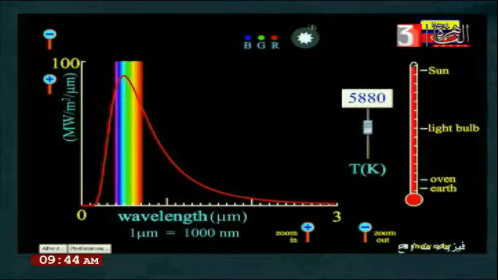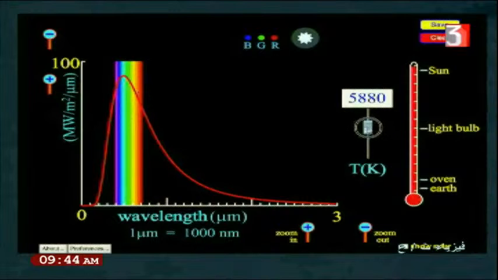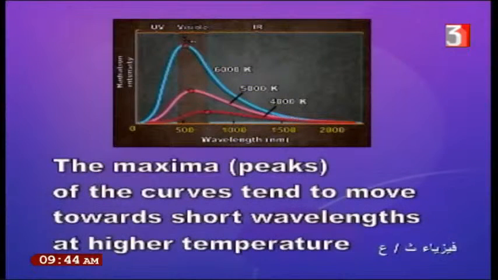When the temperature is raised to 6000 Kelvin, it gradually moves to the left. So the maxima of the curves tend to move towards short wavelengths at higher temperature. So we've got an inverse relation between maximum wavelength and absolute temperature, and this is called Wien's law.